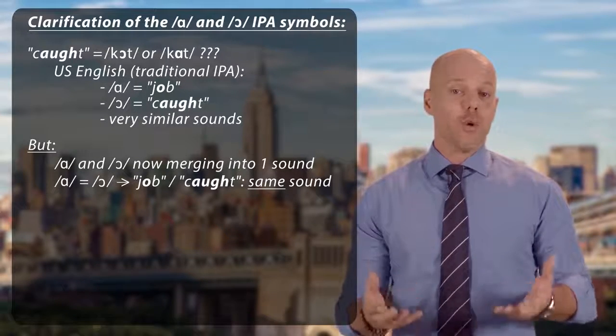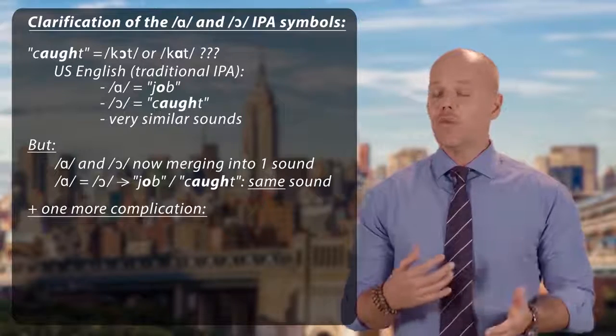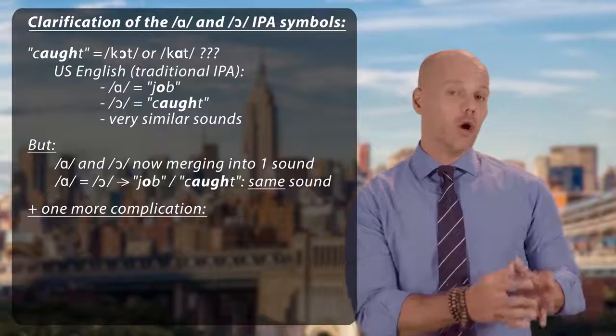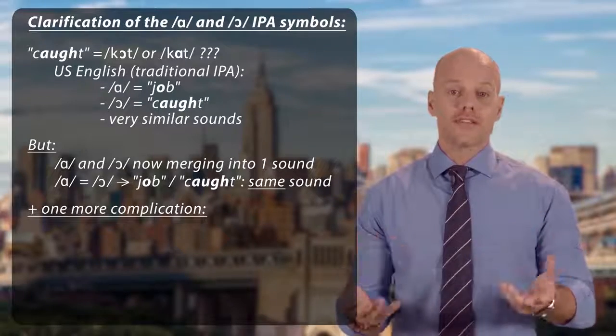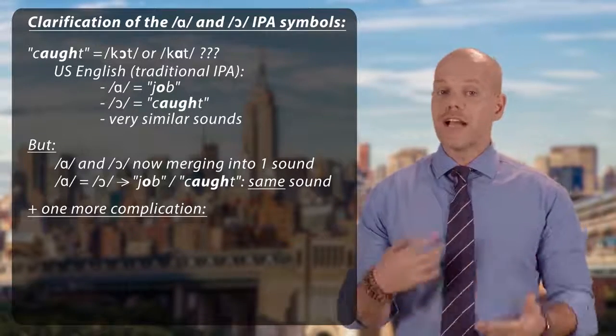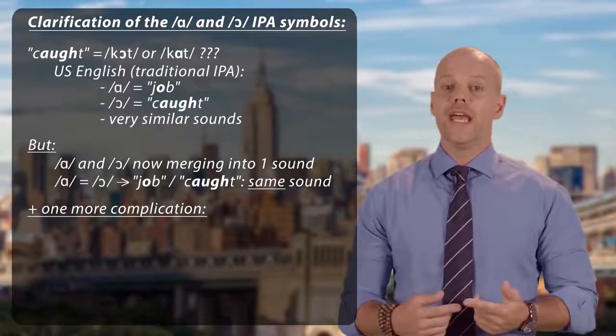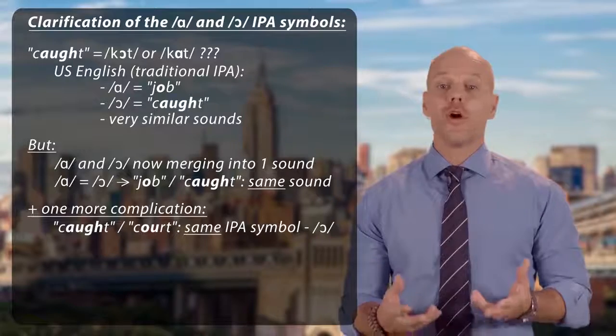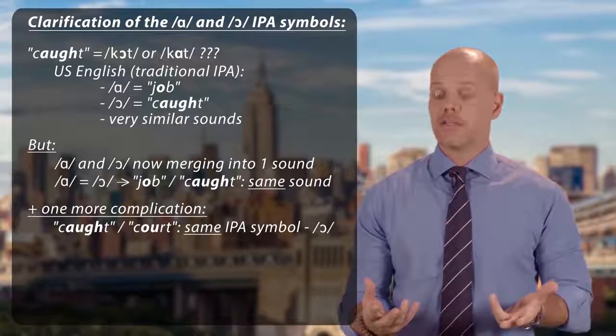To make matters more complicated, even when you differentiate the O of job and the O of caught, the O sound in caught actually changes when it is pronounced before an R sound, and it becomes a more rounded O sound.